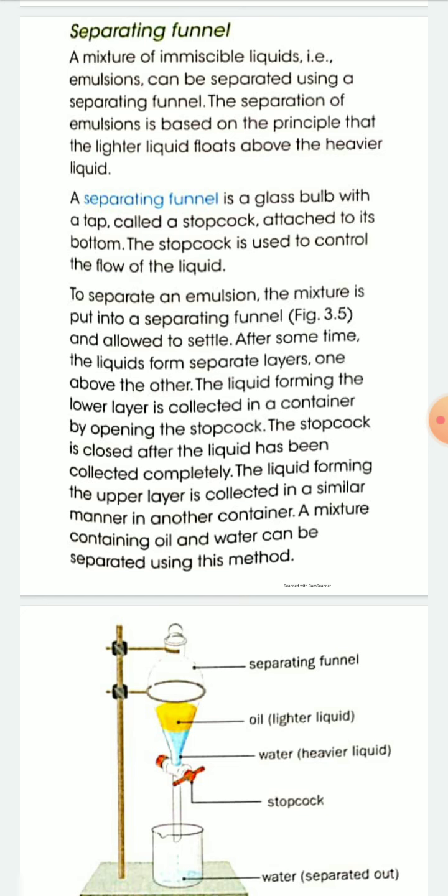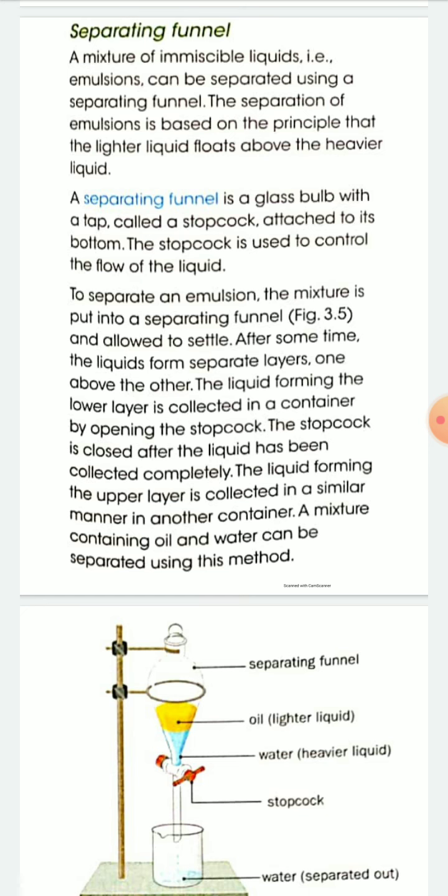To separate an emulsion, the mixture is put into a separating funnel, and then you have to allow it to settle. After some time, the liquids form separate layers, one above the other. The liquid forming the lower layer is collected in a container by opening the stopcock.